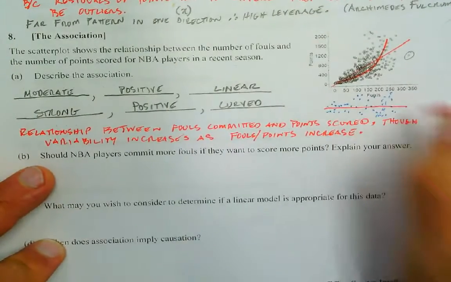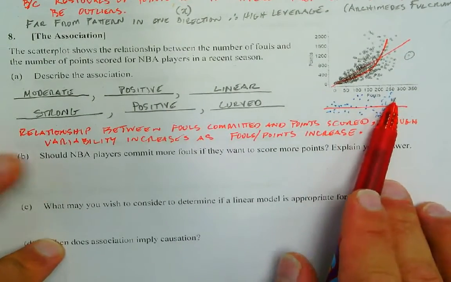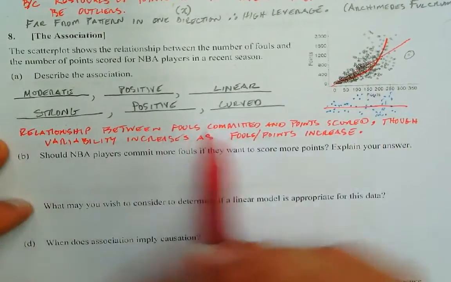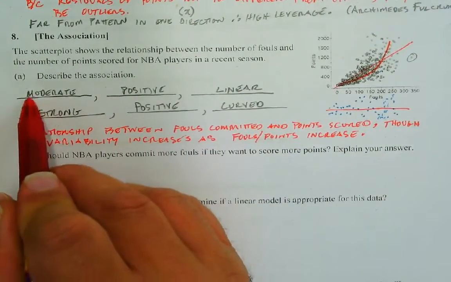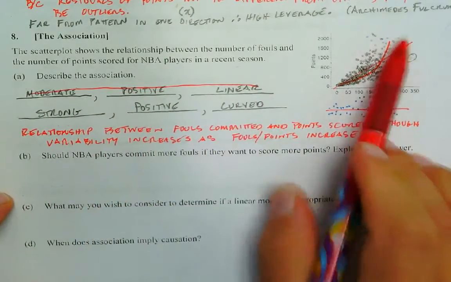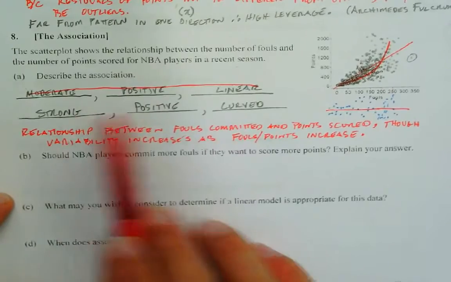It's tight in close, but then gets wider up high, and we say, yeah, it's probably not going to be moderate, positive, and linear. With the increased variability, we're probably going to need to say it's strong, positive, and curved.